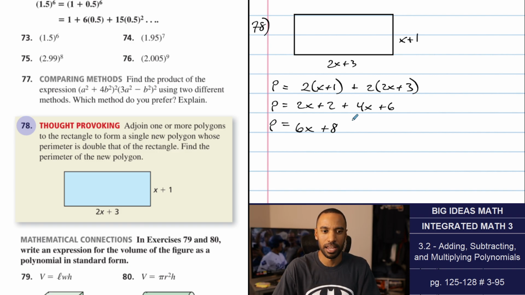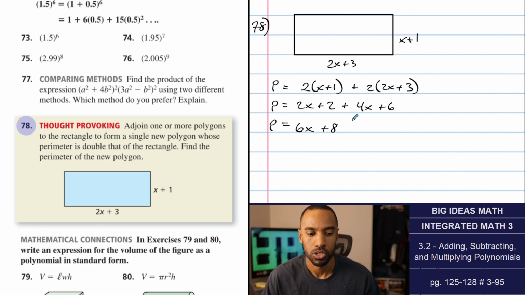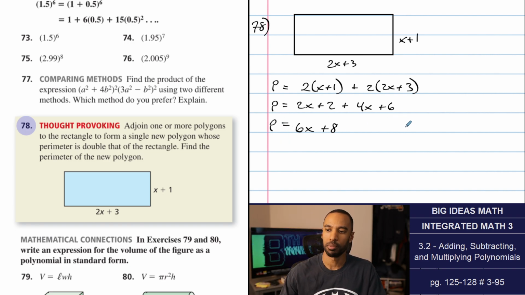Now, they said adjoin one or more polygons to the rectangle to form a single new polygon whose perimeter is double that of the rectangle. So it's a brand new shape that makes the thing. So, okay. Double the perimeter is 12x plus 16.